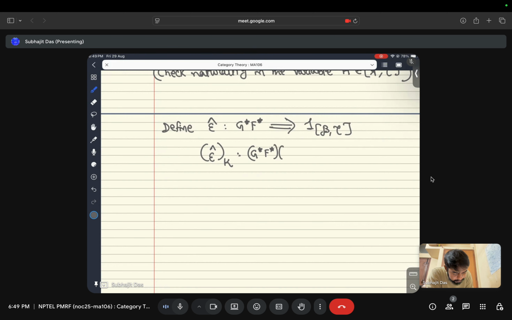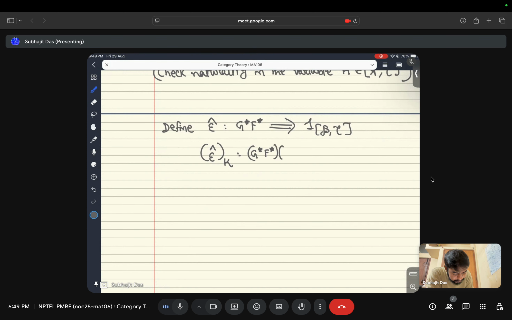Verify the triangle identities, and perhaps you also need to use naturality at some point of maybe eta or maybe epsilon or maybe both. Verify the triangle identities for eta hat and epsilon hat.